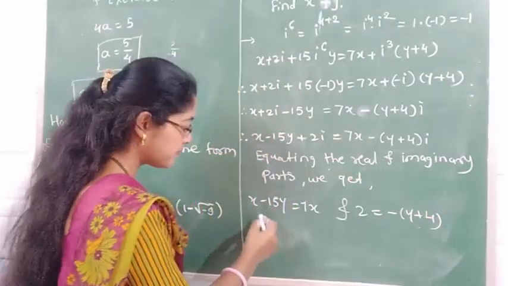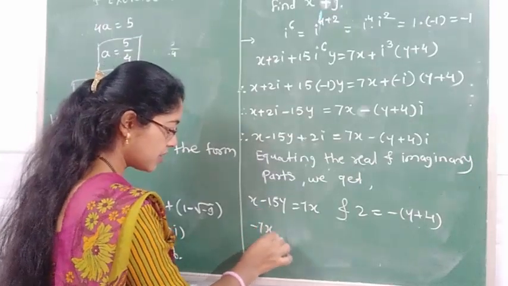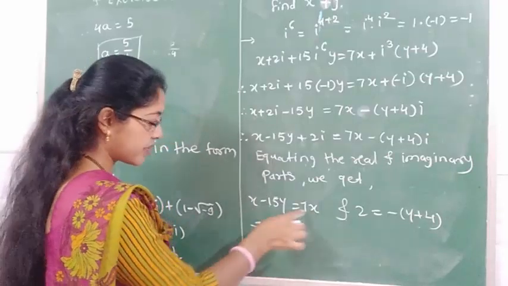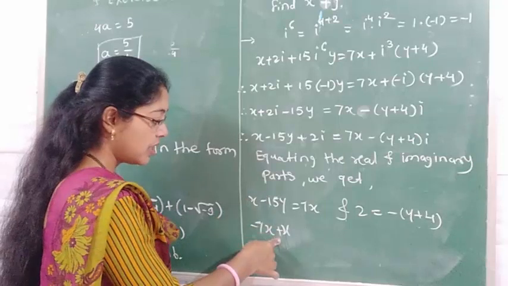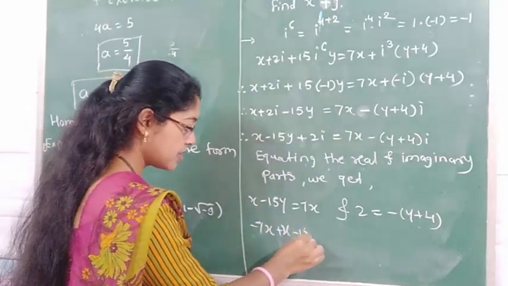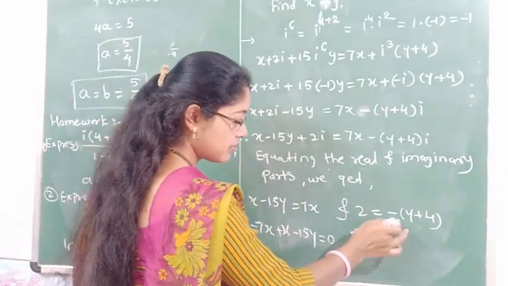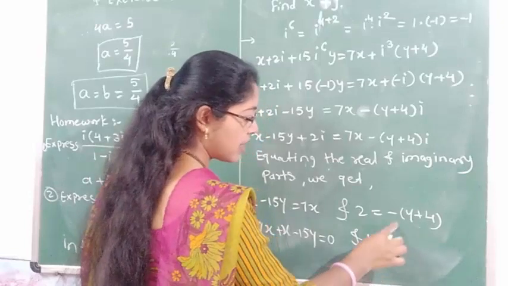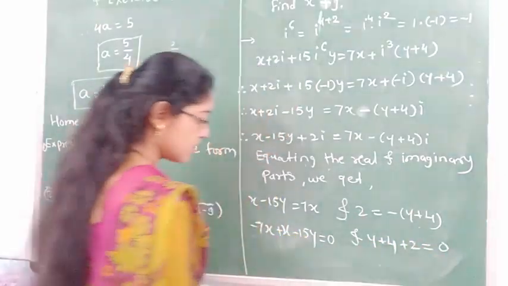Don't forget the minus. Now take this 7x to the other side: minus 7x plus x, and this is minus 15y is equal to 0. The minus term on the other side becomes plus, so y + 4 plus 2 is equal to 0.